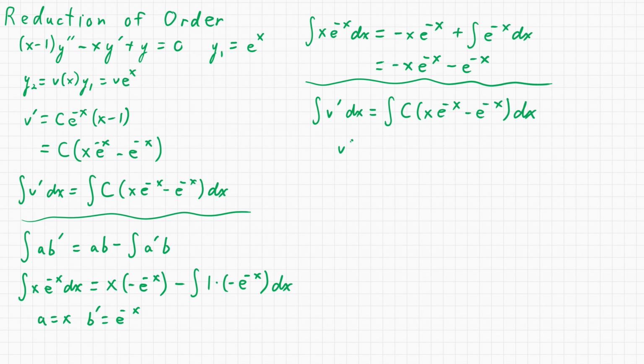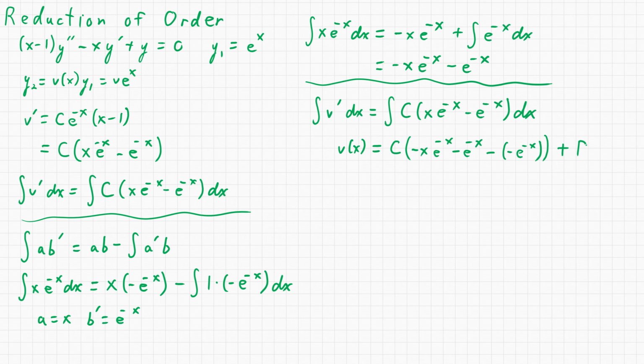Well, now that's v of x equals my constant here, and we figured out the x e to the negative x integral ended up being negative x e to the negative x minus e to the negative x. That's all from the x e to the negative x integral. I also have to integrate e to the negative x, so that ends up being minus negative e to the negative x, and one more parenthesis.